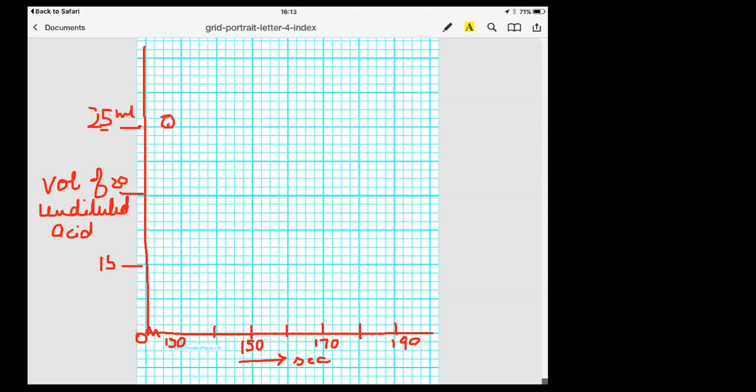Now for 20 ml of the undiluted acid, again I have to mark. For 20 ml, it is 2 minutes and 40 seconds, so that means it is going to come to 160 seconds. So here, this is 160 and this is 20. This is the point I will get. And for 15 ml, it is coming to 187 seconds, so for 15 ml, it is going to come somewhere here.